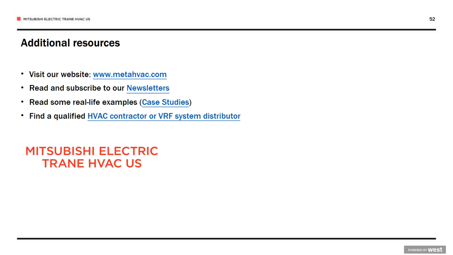Our biggest markets here are probably hotels, apartments, dormitories, and senior living centers. Those applications typically are not good candidates for chilled water systems, just simply from the size. So hopefully that gives you a good idea as to when to choose a VRF system versus a chilled water system.